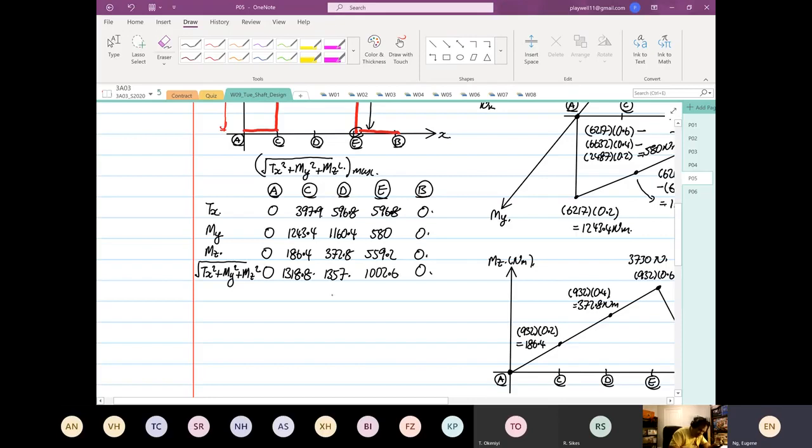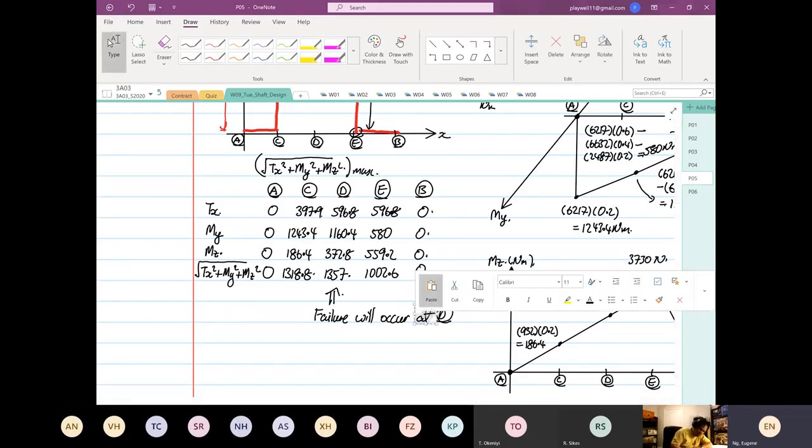So we know that failure will occur at D, because it has the largest Tx squared plus My squared plus Mz squared.